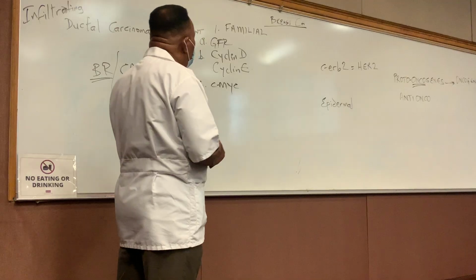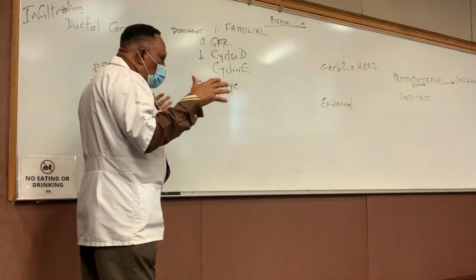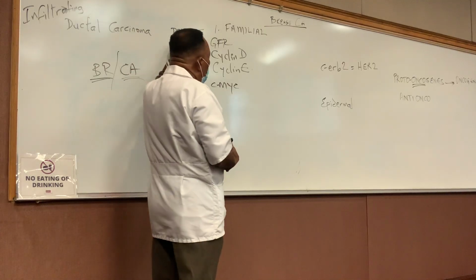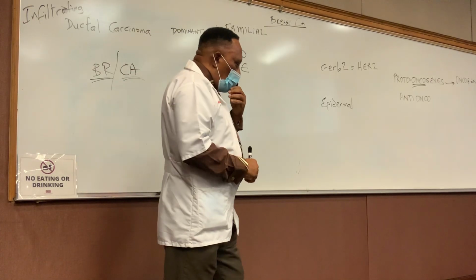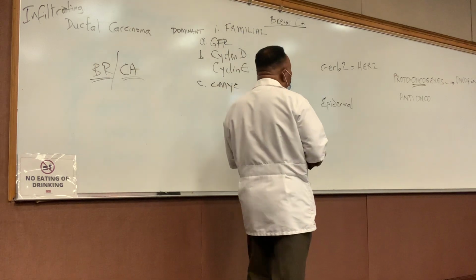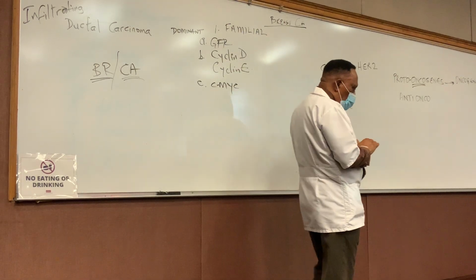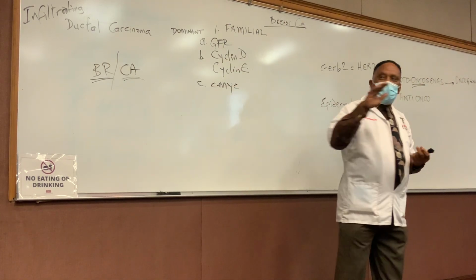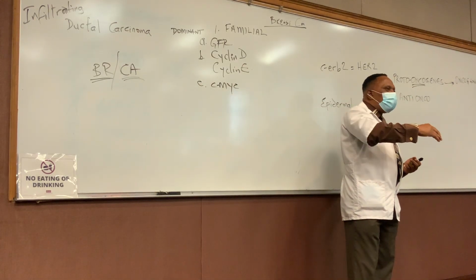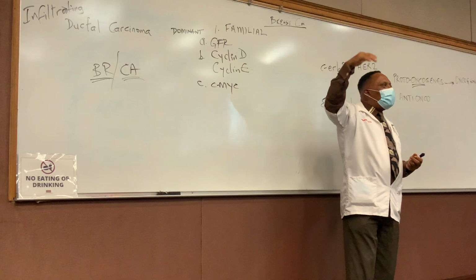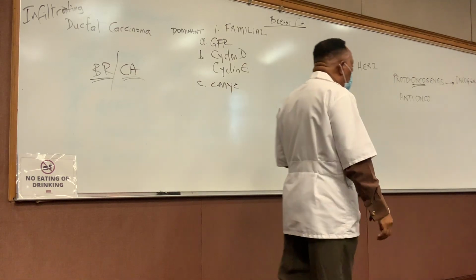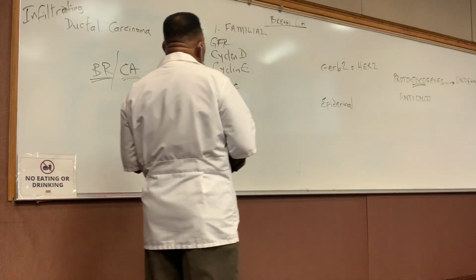And CMYC genes would also promote, that is, they are dominant, they would increase the incidence or likelihood of getting breast cancer. These three groups will do the damage when you have an overexpression of those genes.